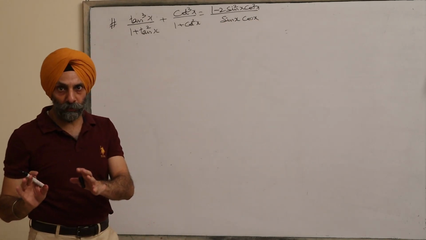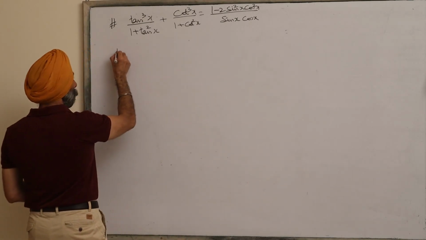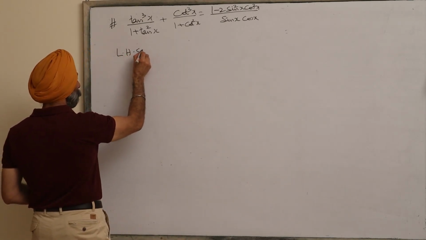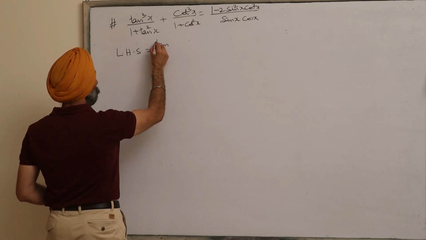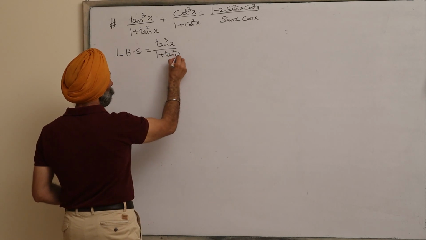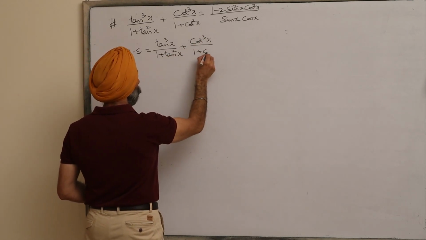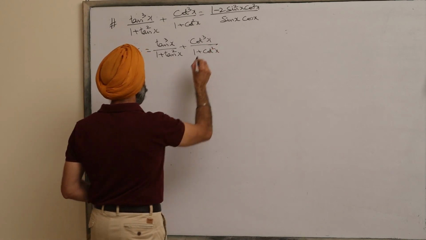So this is what we have to prove here. Now again, left hand side, this is tan cube x upon 1 plus tan square x plus cot cube x upon 1 plus cot square x.